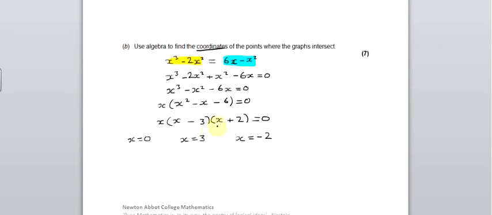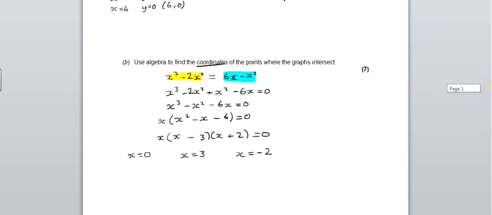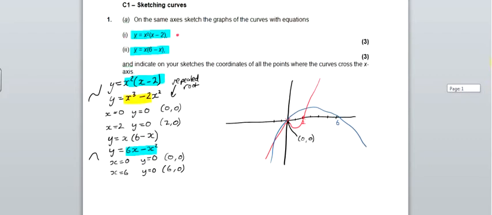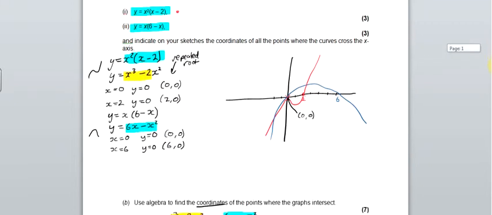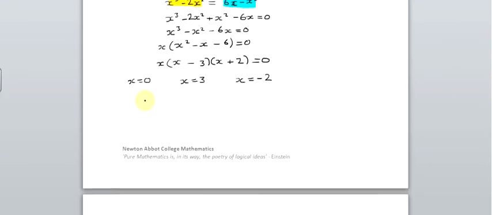So I'm just going to use the simpler of the two equations. I'm going to use the y equals x times 6 minus x. So let's do that. So y equals 0 times 6 minus 0. So that's 0.